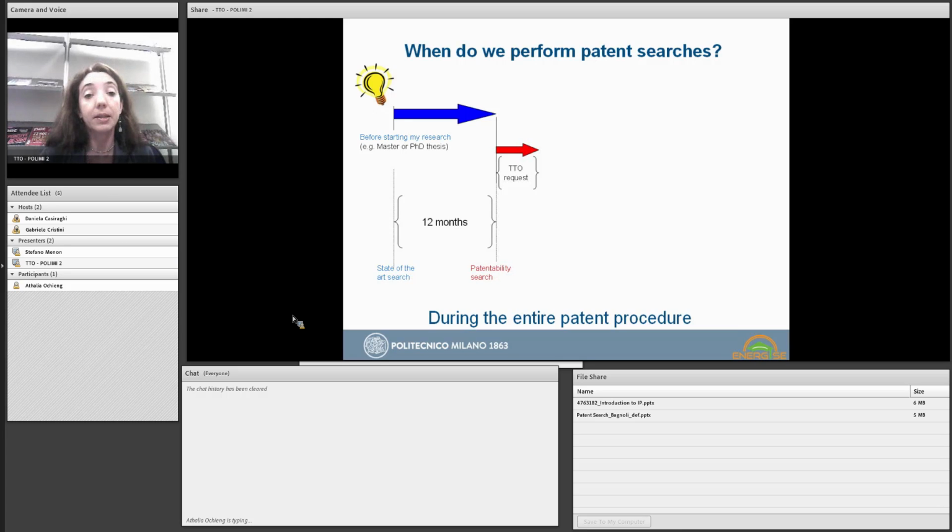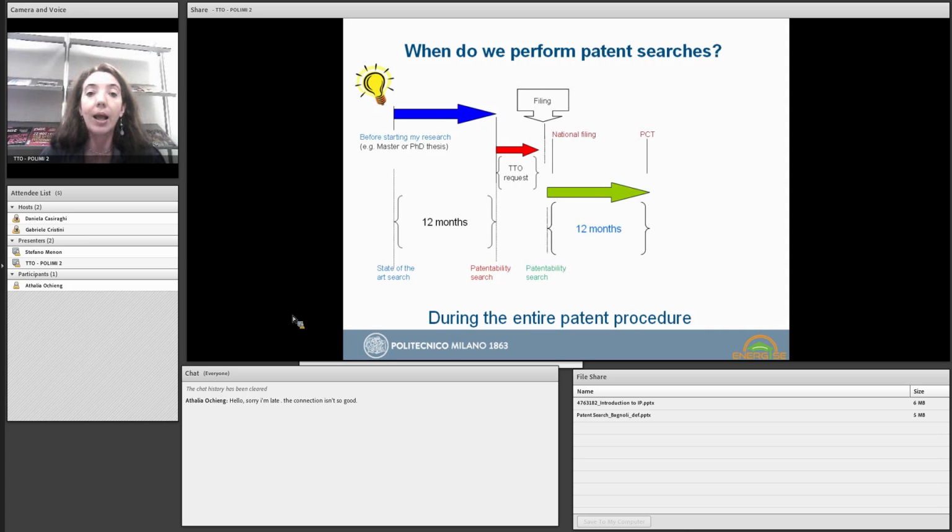Then when I decide to file a patent application, I have to contact the Technology Transfer Office if it's possible, or I can do it by myself if there is not a Technology Transfer Office in my company or in my university, and I have to perform a patentability search to check if there is another patent in the same field.